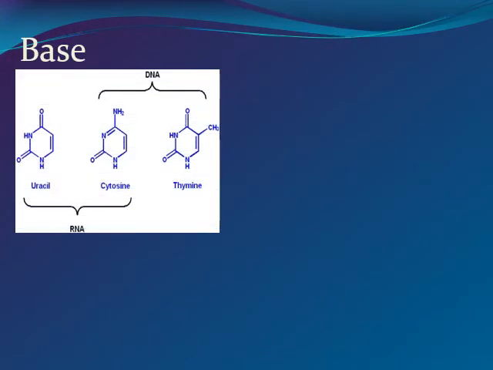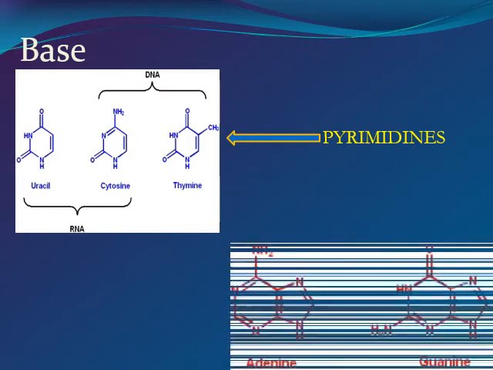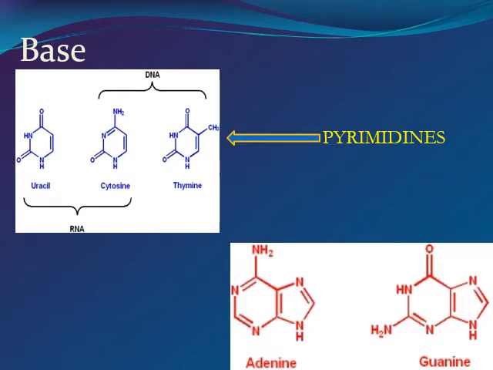Base is a nitrogen-containing base. It may be a pyrimidine, cytosine and thymine in DNA, or uracil and cytosine in RNA, and purine, adenine, and guanine. One base, one sugar, and one phosphate combine to form a nucleotide. The nucleotides combine to form a polynucleotide.